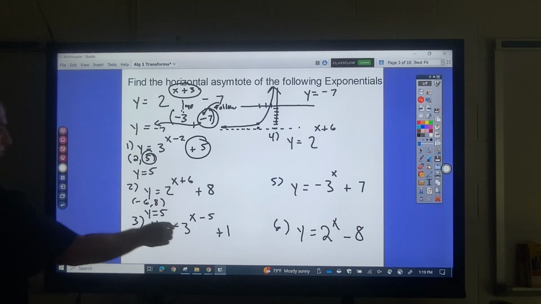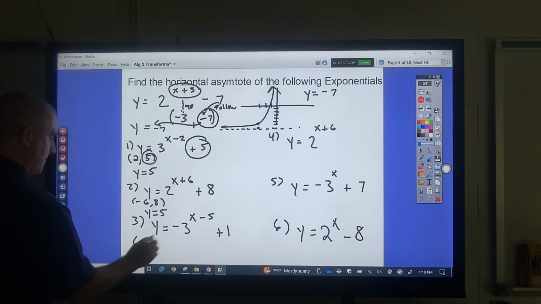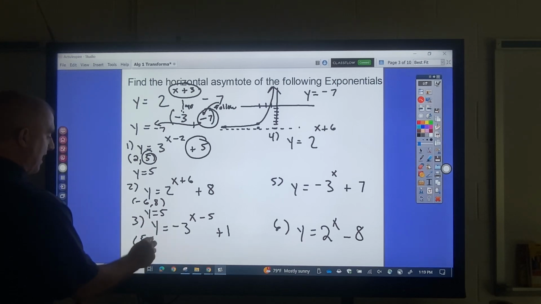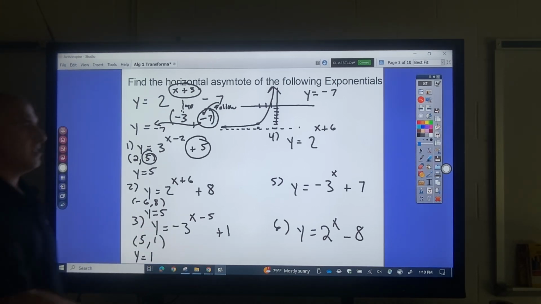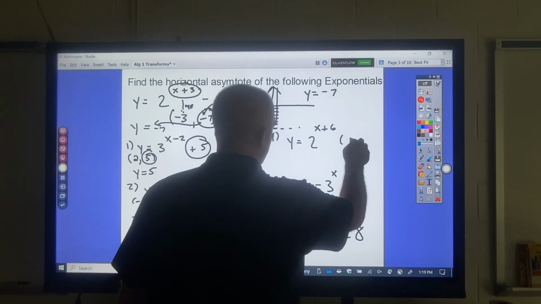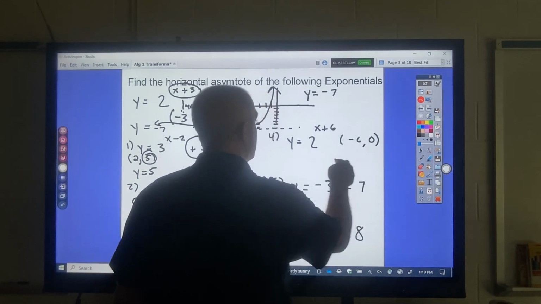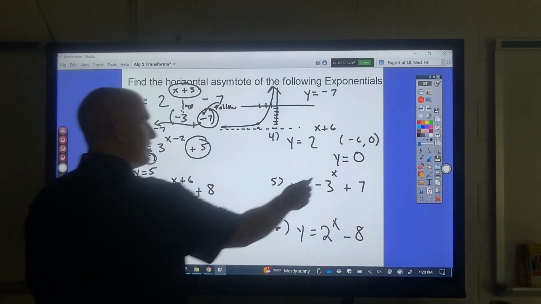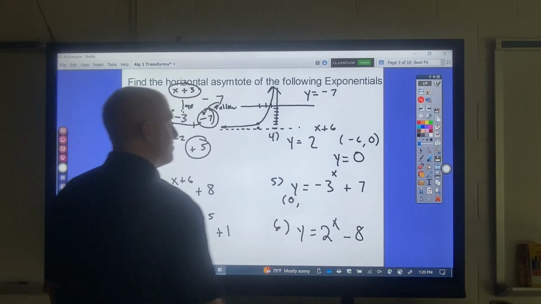This one, you don't have to worry about that. My point is 5, 1. My horizontal asymptote is y equals 1. This one right here would be -6, 0, so my horizontal asymptote is y equals 0. This point here, since there's nothing up there, would be 0.